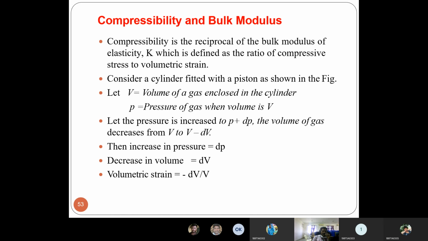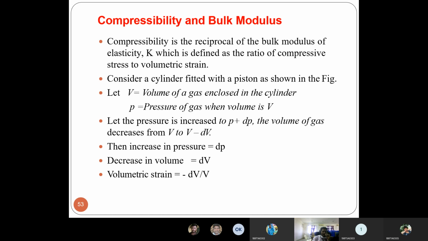Strain is equal to change in dimension by original dimension. Change in length by original length, change in width by original width. All these things give the definition for strain. Similarly, by using this, we are getting the information on compressibility and bulk modulus.